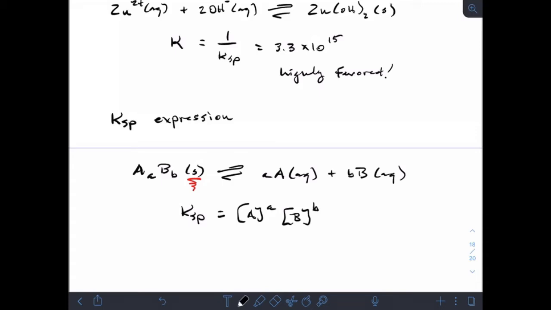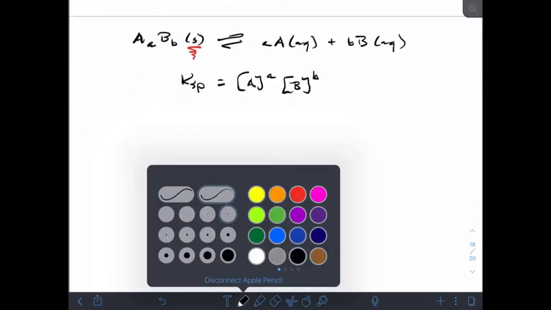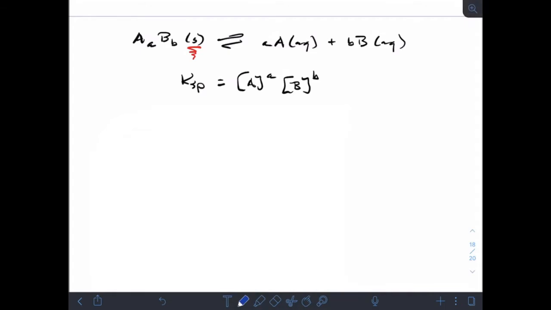All right, so let's apply it to a real situation. A common question will be for you to find what's called molar solubility. Okay, and you'll be given an equation or simply just given a solid.